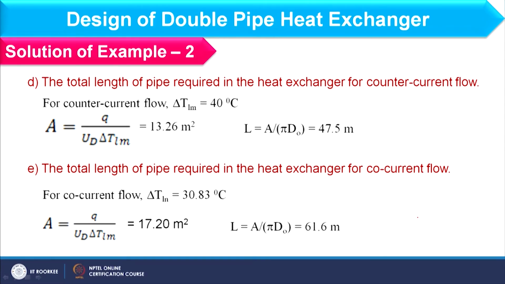So, delta T LM value will depend on what? It will depend on the type of flow, otherwise Q and U both will remain the same, only we will find the change in mean temperature difference. So, if you understand the counter current flow and co-current flow, the LMTD value or log mean temperature difference value will change, right.